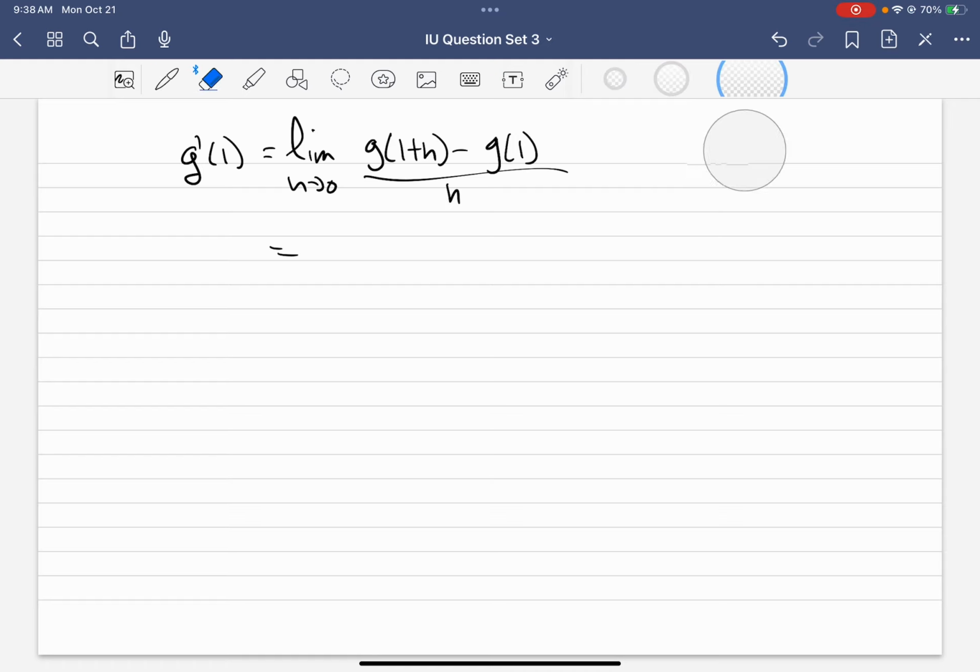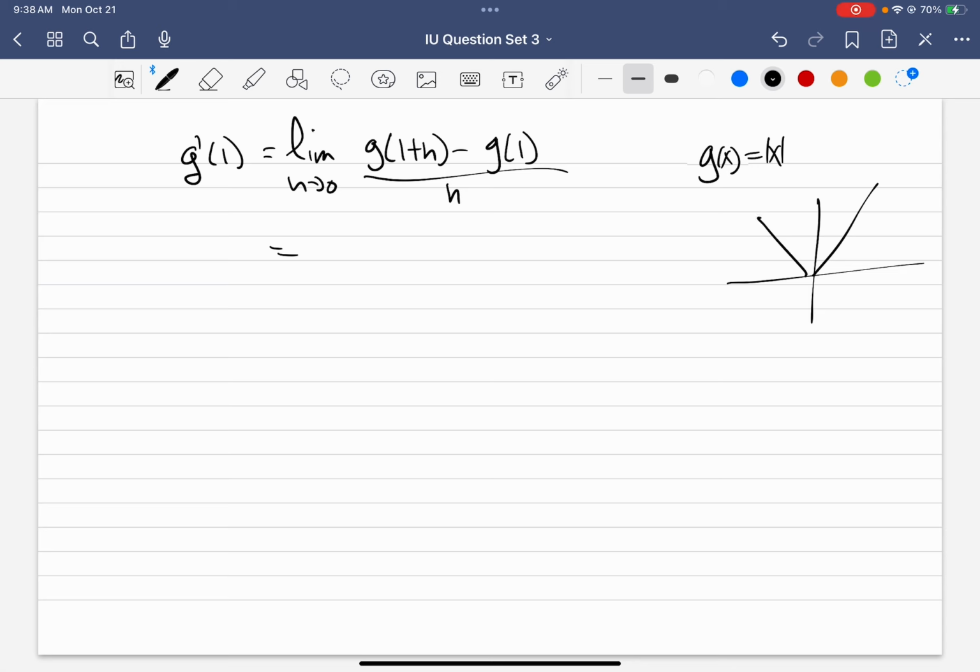So if g of x is equal to absolute x, we'll notice that as long as you're over here near 1, absolute x is just equal to x for x positive, and it's negative x for x that's negative. So since we're over here near 1, I'm just going to replace this with 1 plus h. So in other words, the function x. And over here, I'm going to replace it with x as well. So I just get 1 over h.